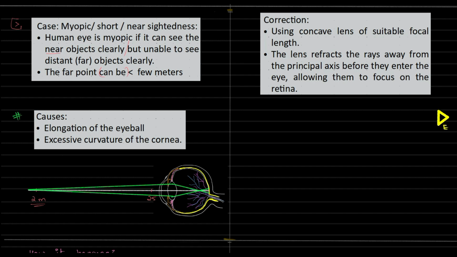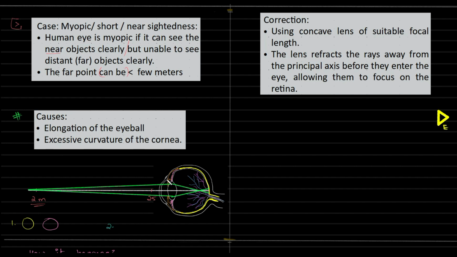Elongation of the eyeball. So if this is your normal eyeball, the person might end up with something like this, a bit elongated, right? So that will cause this issue. The second cause can be excessive curvature of the cornea.